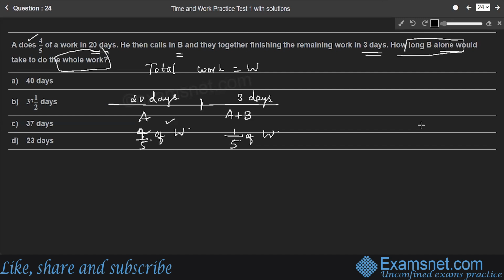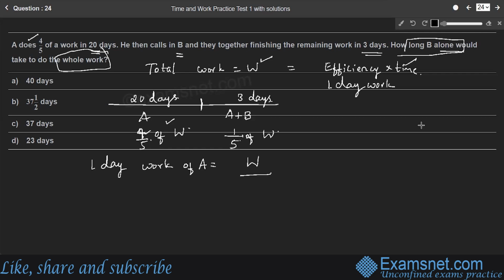For that, we'll consider the work done by A in 1 day. We all know that work is efficiency into time, and here efficiency is nothing but 1 day work. Therefore, first we consider 1 day work of A. 1 day work of A is equal to total work divided by time.